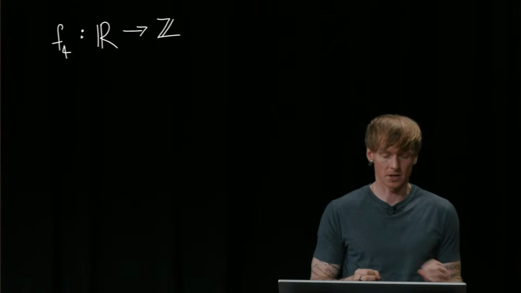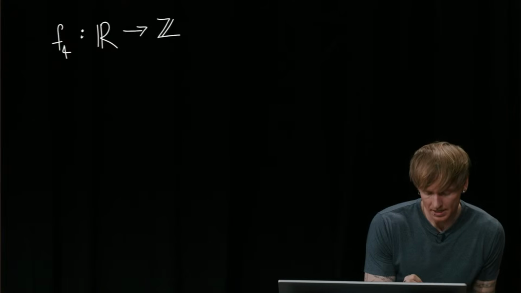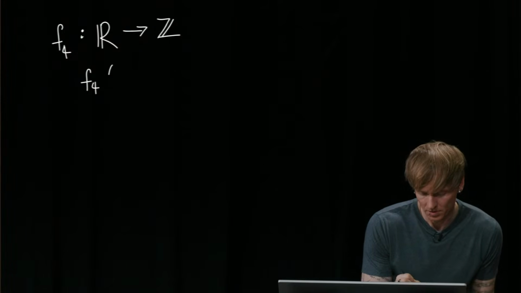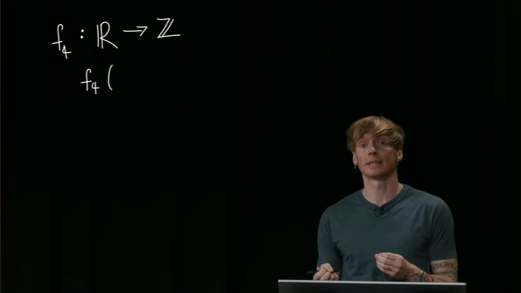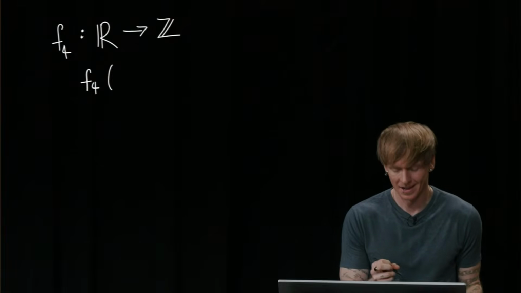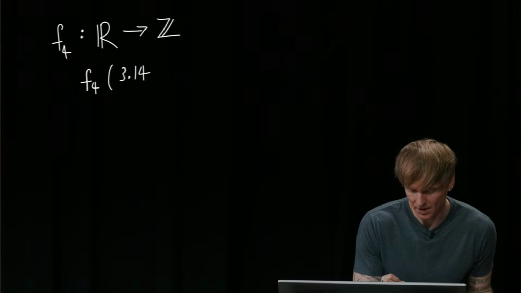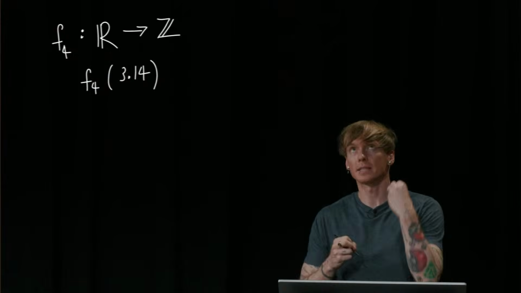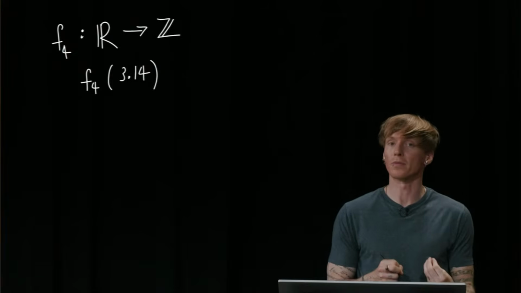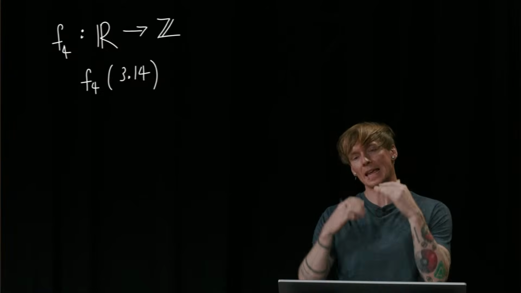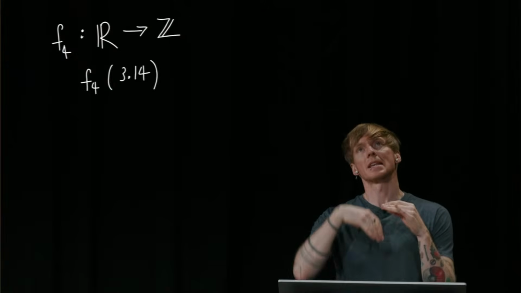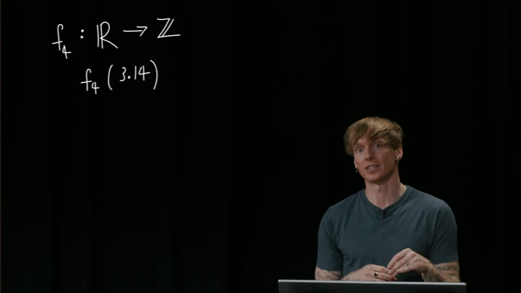And the way that this is going to work is when applied to a number with a decimal place. So let's take a very famous number with a decimal place, 3.14. If I apply my ceiling function to 3.14, then what it does is it takes the next biggest integer.